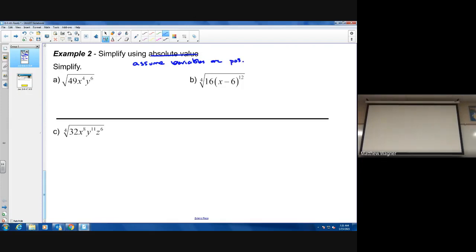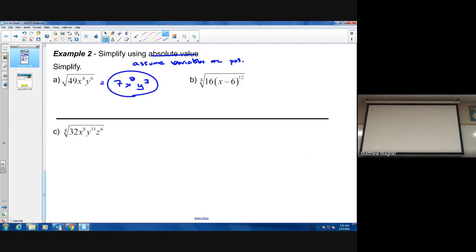So as you look through the answer key, if you see absolute values, just ignore that piece. That's not going to be something we focus on today, but just simplify. Square root of 49 is 7. Square root of x to the 4th is x squared. Square root of y to the 6th is y to the 3rd.